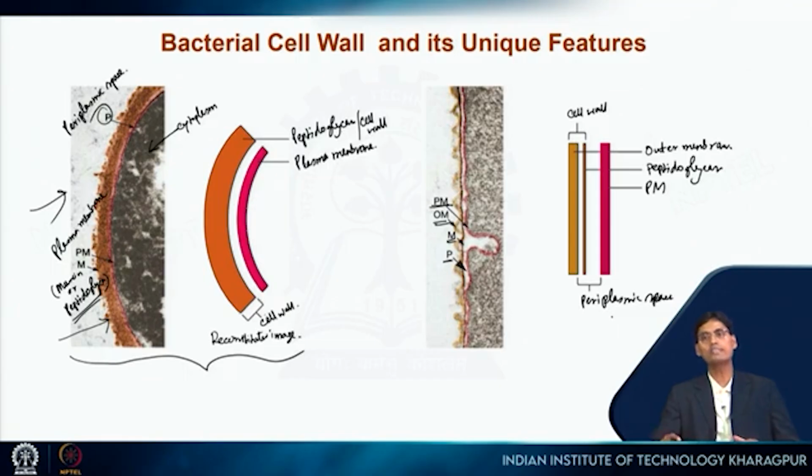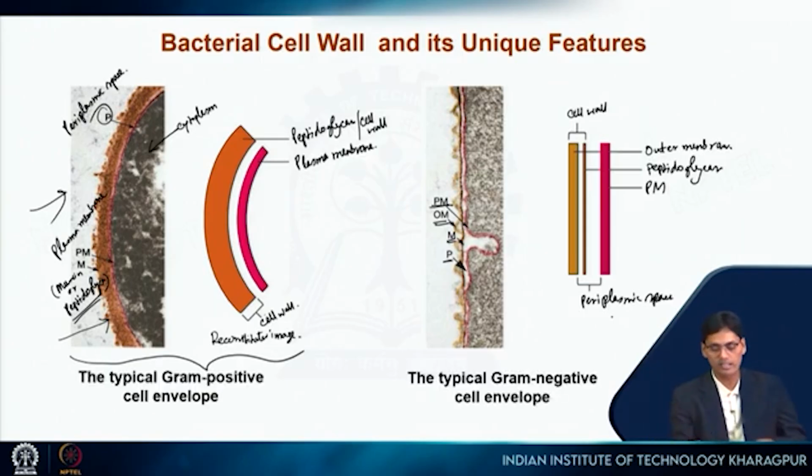But now, when scientists stain with some kind of specialized technique, these bacteria are called gram positive, because when Christian Gram invented this technique of bacterial staining, he found that these bacteria take dark purple color, and these bacteria are called gram positive bacteria.